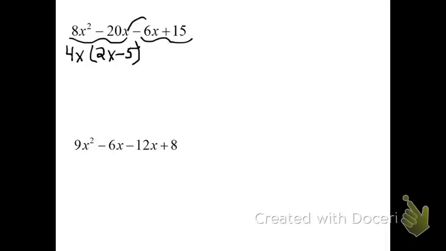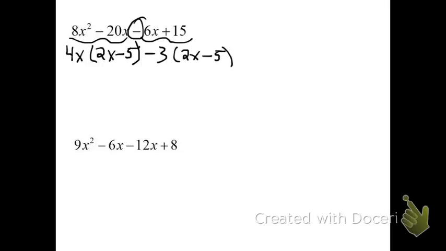Now, because I have a negative here, I'm going to factor out a negative, and the greatest common factor of 6 and 15 is a 3, so I think I can pull out a negative 3. If I do, negative 6x divided by negative 3 would be a positive 2x, and a 15 divided by negative 3 is going to be a minus 5.